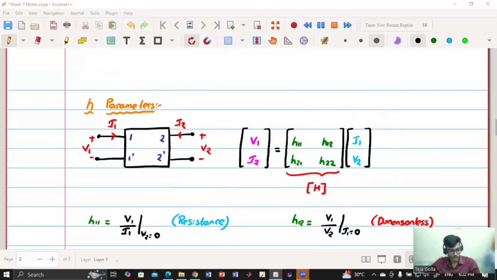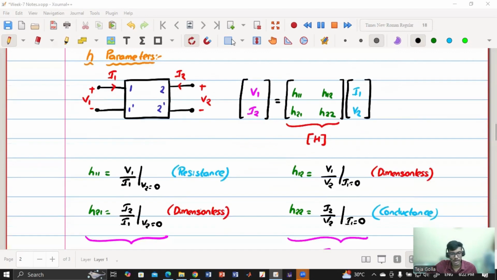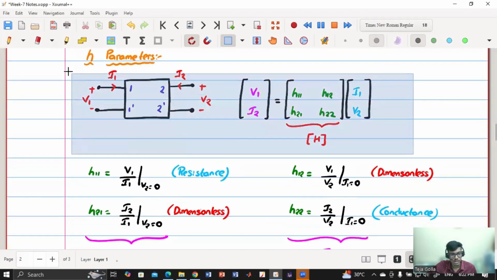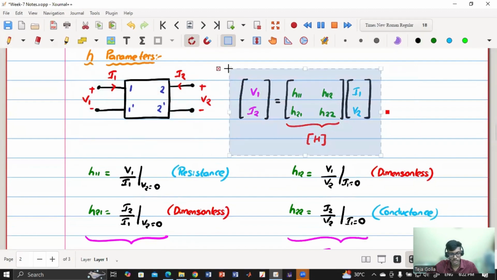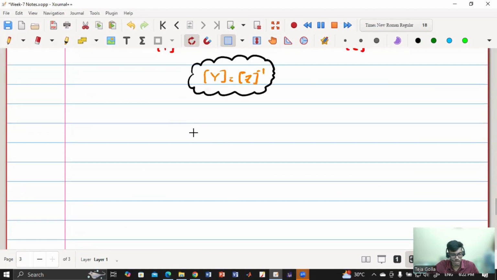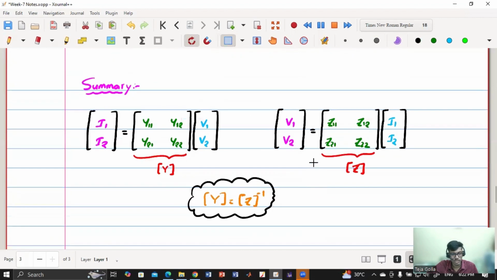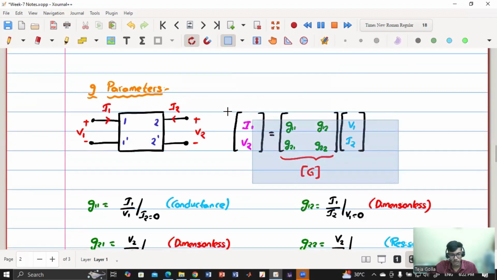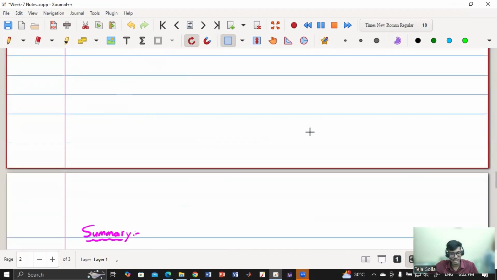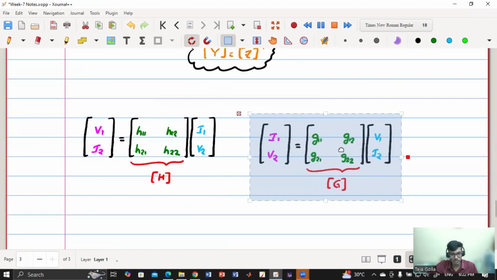Thanks, sir. Yeah. So now we have discussed Y and Z parameters relation. Now we'll go to H parameters and G parameters. For H parameters, we have seen these voltages and currents are inputs. And for G parameters, it is exactly the opposite.